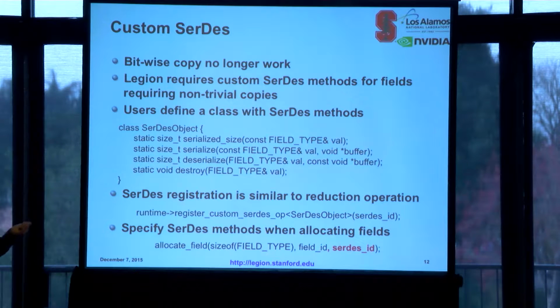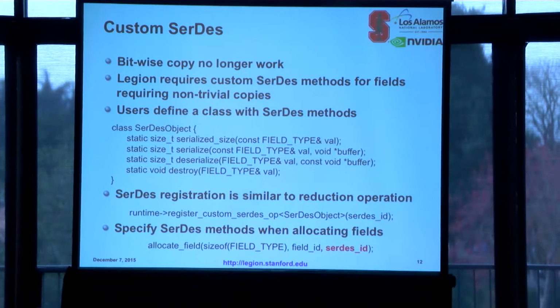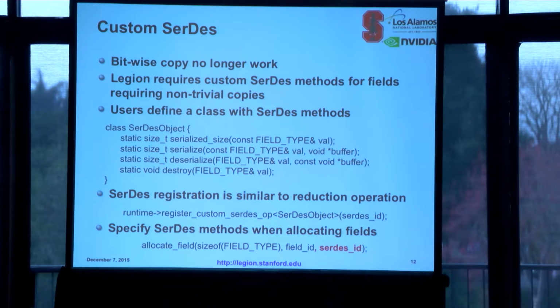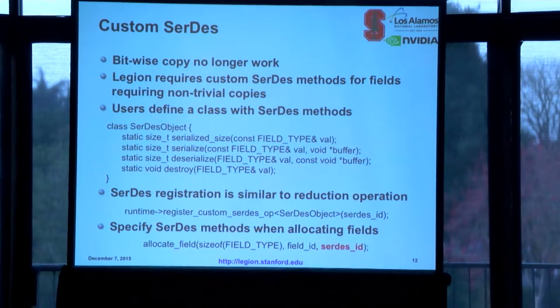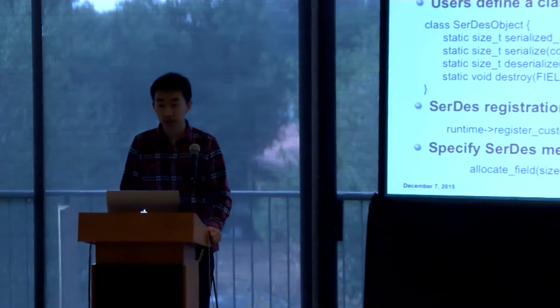When you allocate a field, besides telling Legion what the size of that field is and what the field ID is, you just need to tell Legion what the serialization and deserialization ID is. After that, Legion will automatically use the serialization and deserialization methods when copying data that is attached to opaque data structures.